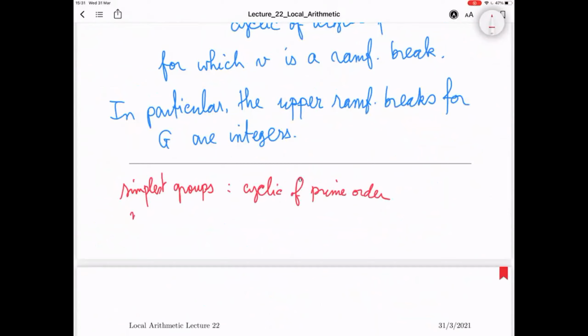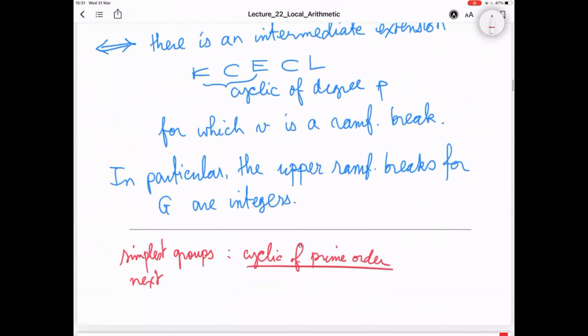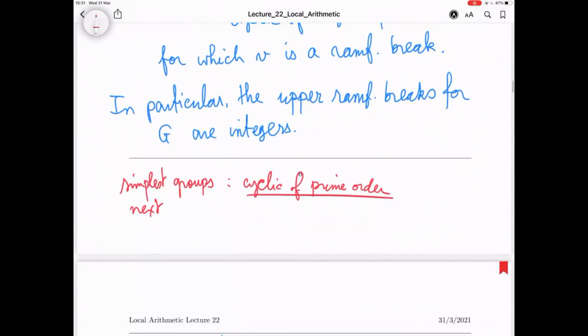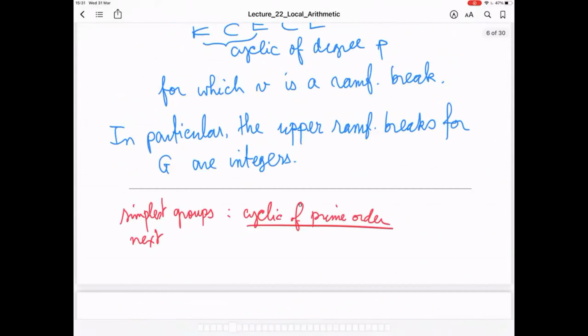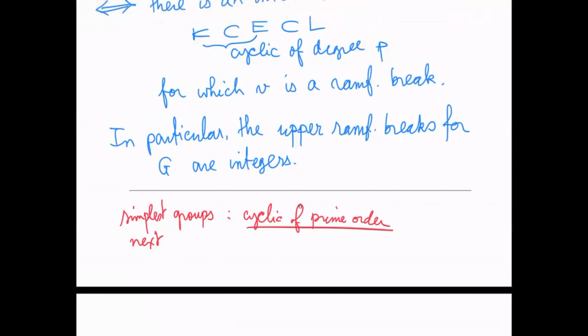These are also simple in the technical sense of not having any non-trivial subgroups. But the next simple, sorry.